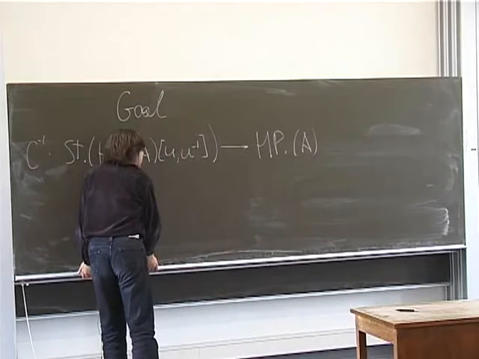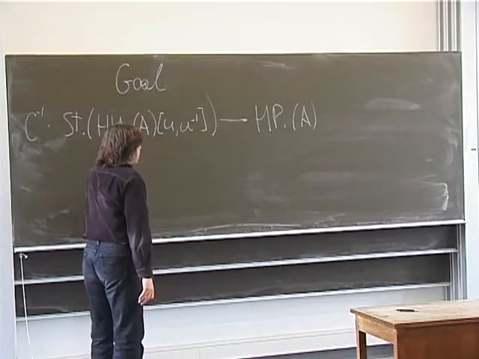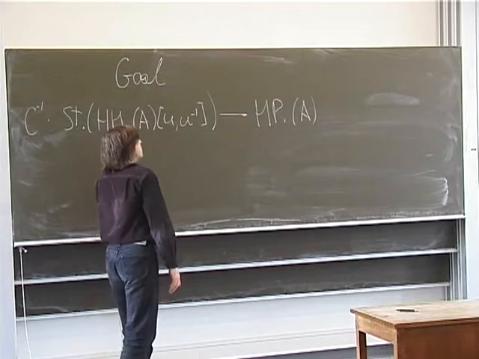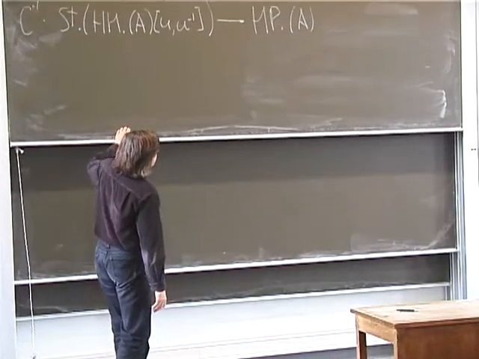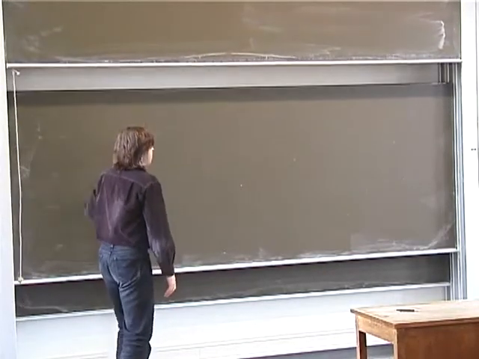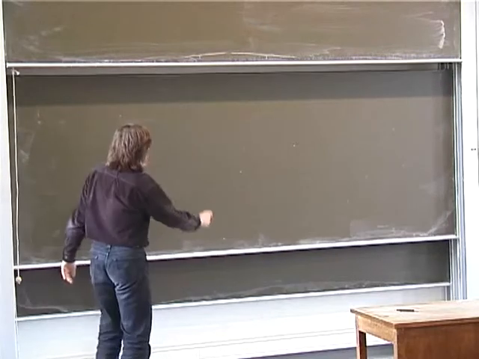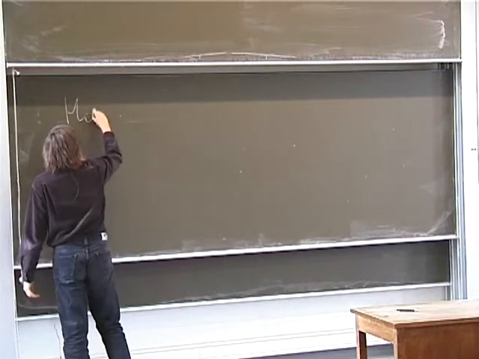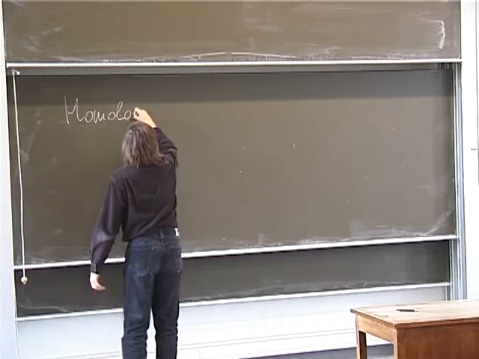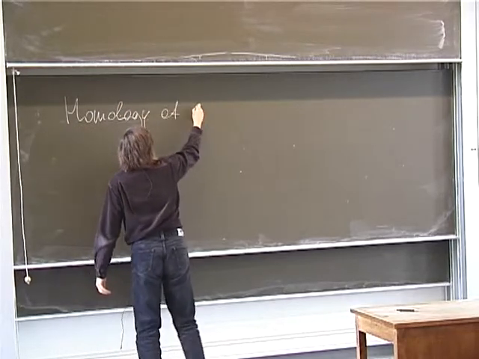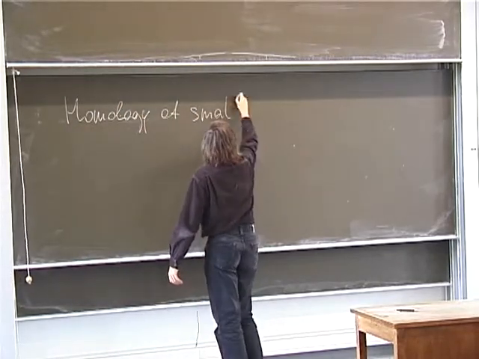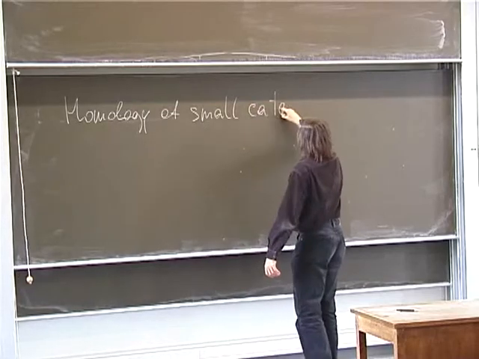As I said, there are different ways to do it. Maybe not all of them quite satisfactory, but the one that I will use was invented by Connes and uses the technique of the homology of small categories. It's really a very, very simple thing.